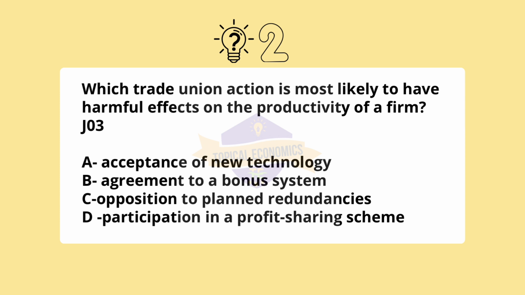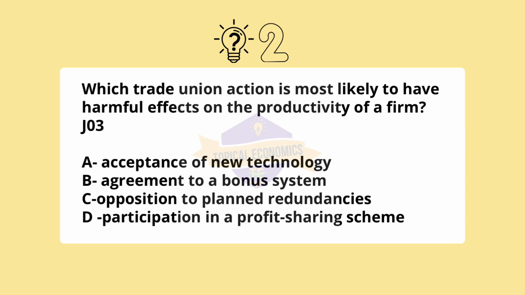When we look at the third option, opposition to planned redundancies, it can lead to strikes or other forms of action that may disrupt operations, thereby significantly harming productivity. So the answer for this second question is option C, opposition to planned redundancies.